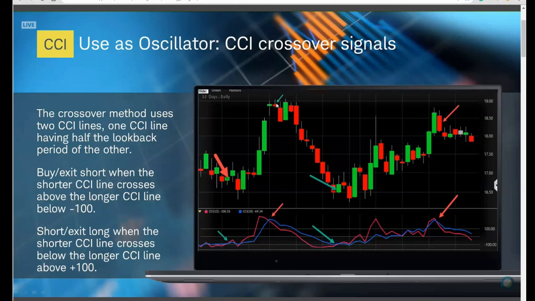You would have gotten out here, versus if you were using the single line method, you would have not gotten out of that stock until the regular CCI line crossed the positive 100, which was at the end of this candle. Similarly, you can see the entry here was a little bit earlier than you might have gotten in with the single line method. Once again, here you got out much earlier than with the single line method.